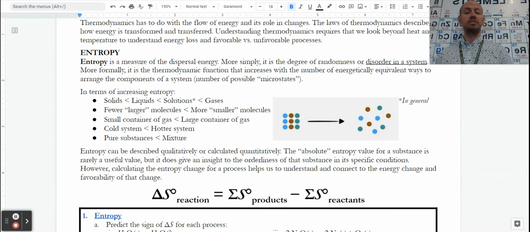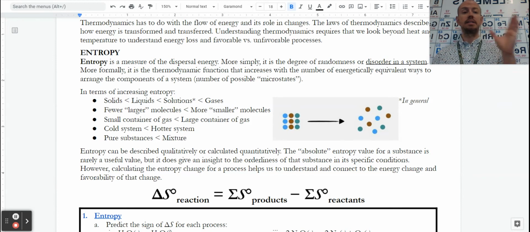The hotter my system is, the more I increase the temperature, the faster those particles are moving, and therefore even more random in their motion. And in general, mixing two things together is much more random than having the two pure substances.